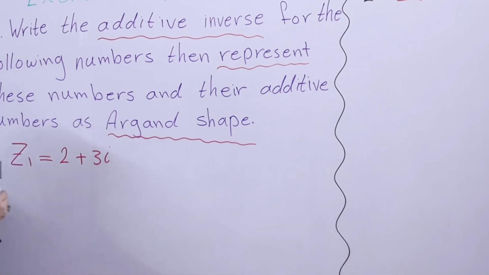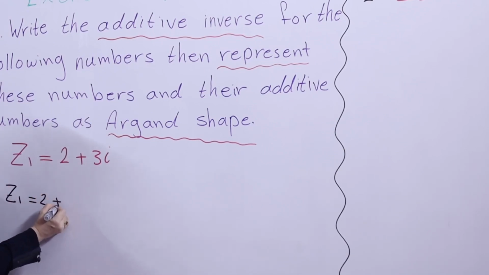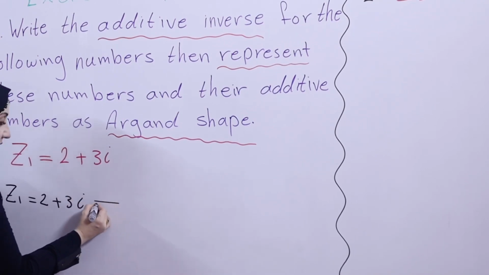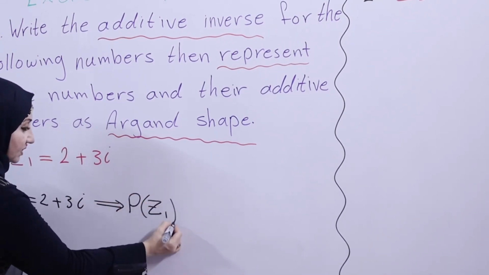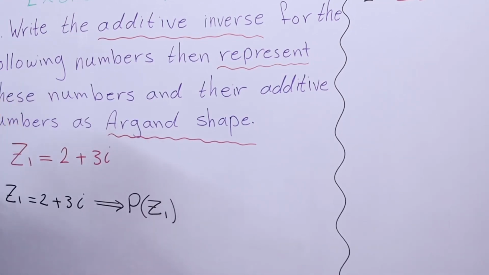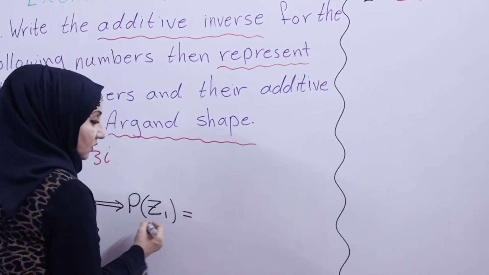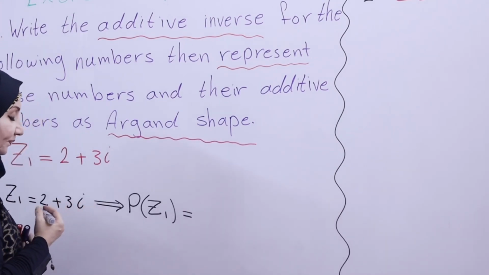Now number 1, Z1 يعني العدد المركب الأول equal 2 plus 3i. It is very easy to find the point which represents this complex number. So Z1 the complex number equal 2 plus 3i. So we can find the point which represents the number Z1 as order pair, and we can call it the Cartesian form.